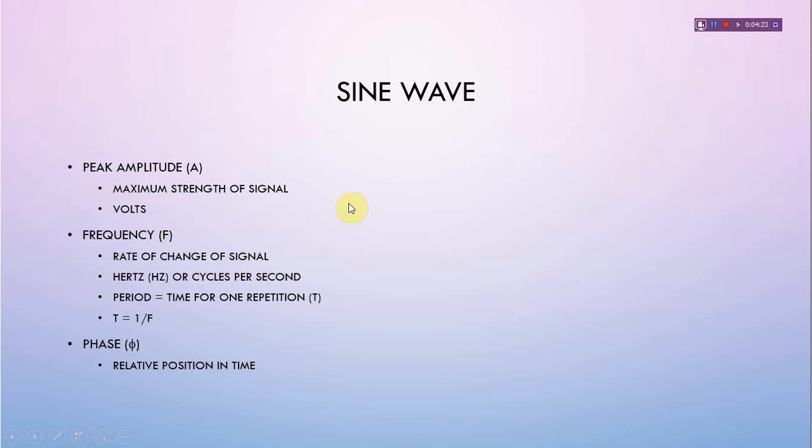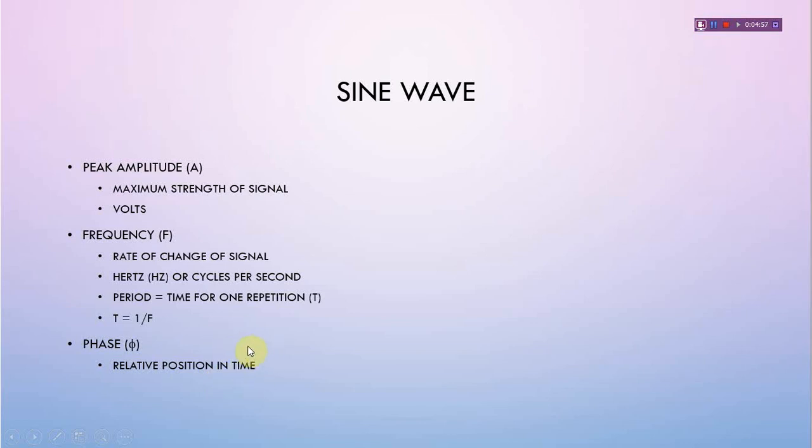In the sine wave we will discuss amplitude. Peak amplitude means the maximum strength of the signal and it is measured in volts. Frequency means rate of change of signal. It is measured in hertz or cycles per second. Period equals the time for one repetition, T equals 1 by F, 1 by frequency. Phase means relative position in time.